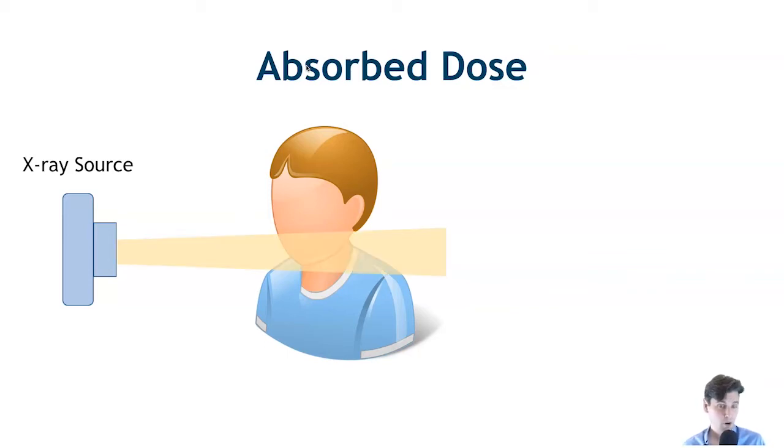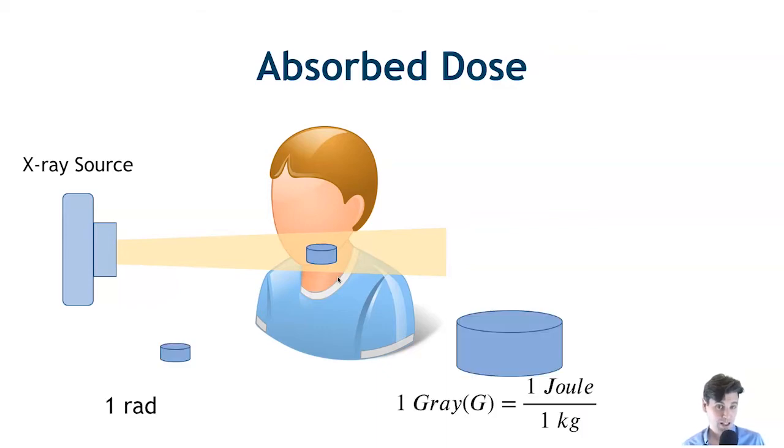So absorbed dose is if we have our X-rays on and then we measure the dose inside of something that roughly mimics a patient. So typically it's a plastic cylinder, and we're measuring the dose inside of that plastic cylinder. So that's measured as the energy per unit mass.